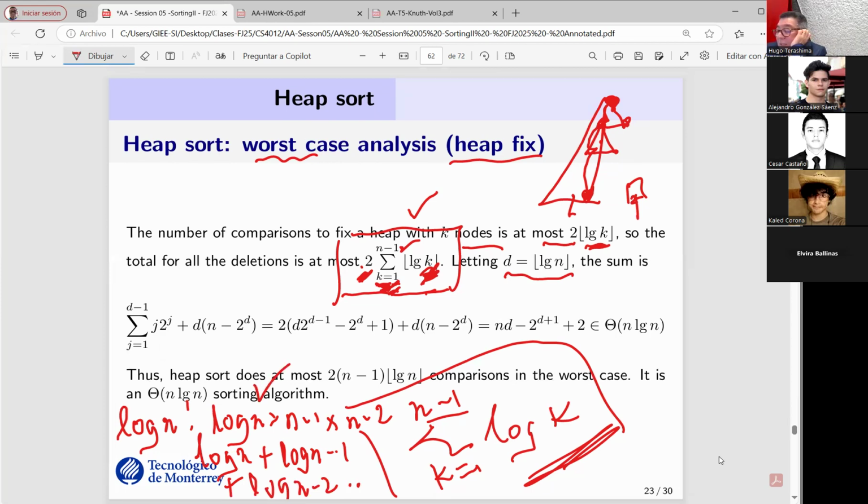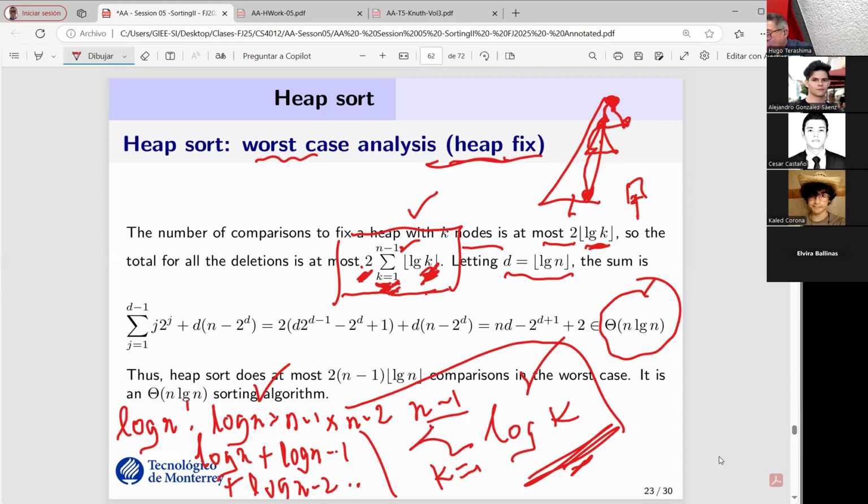Does this look like this or not? Yeah, it is, right? That's the reason this expression is going to get you n log n, which is the complexity of the heap fix, and which is the complexity that we expected to have for this algorithm.